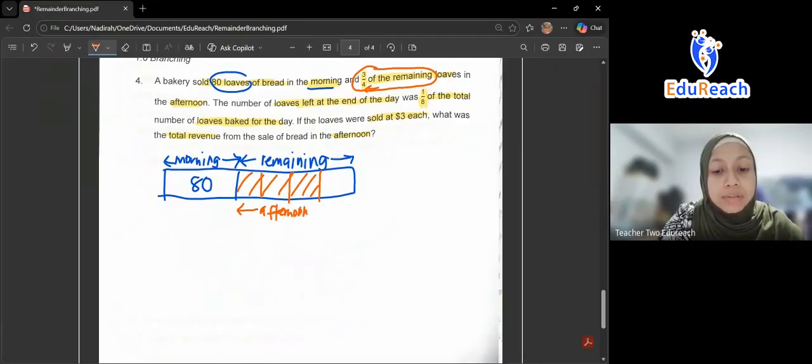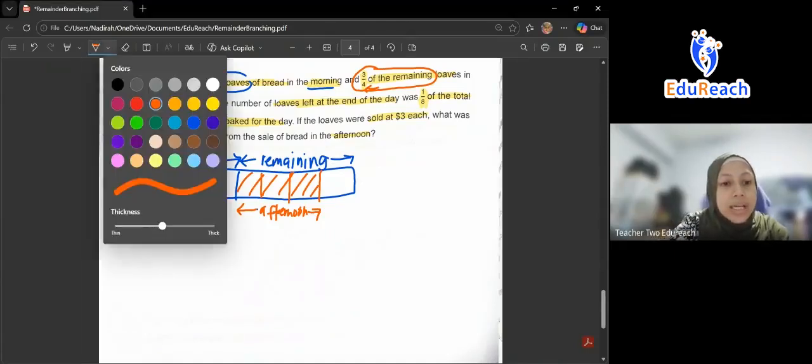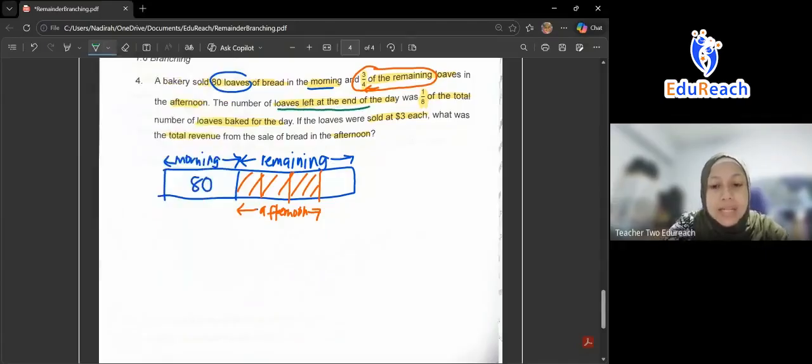Okay, let me pause here first. Everybody okay so far? Understand? Okay. And then you have one more unit, right? That is the one that is left at the end of the day. So one unit left.